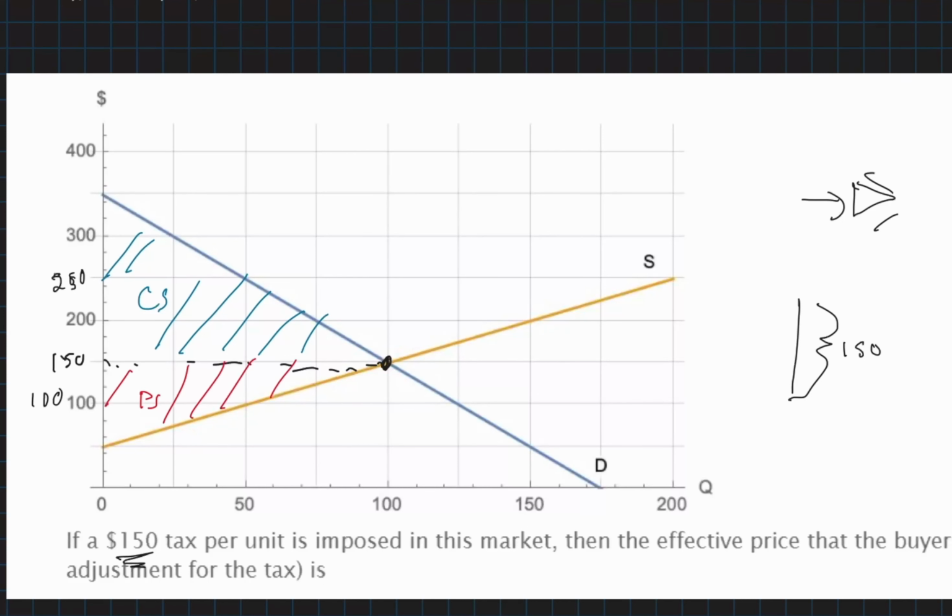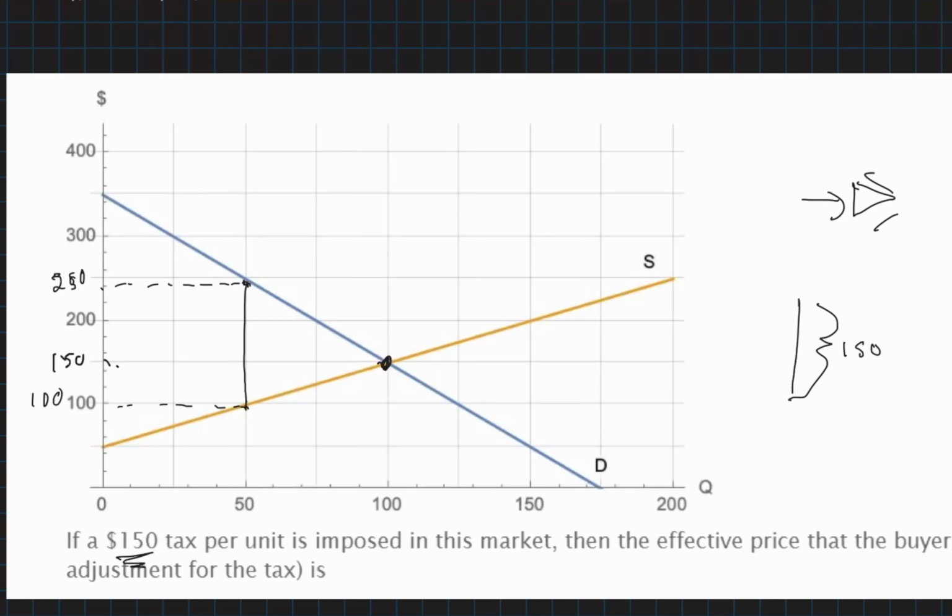But when we draw our tax wedge, the equilibrium quantity changes from 100 to 50.